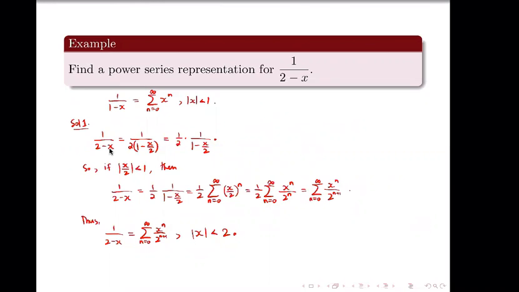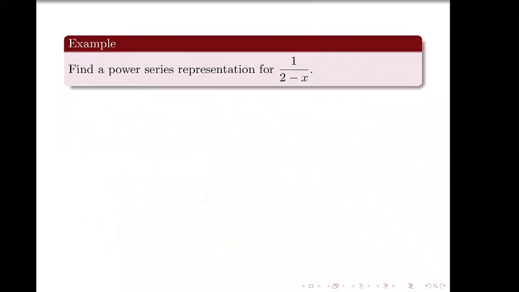Can we have another? The answer is yes. Let's have solution number 2. 1 over 2 minus x, you can write this as 1 over 1 plus 1 minus x. Or you can rewrite this as 1 over 1 minus quantity x minus 1.